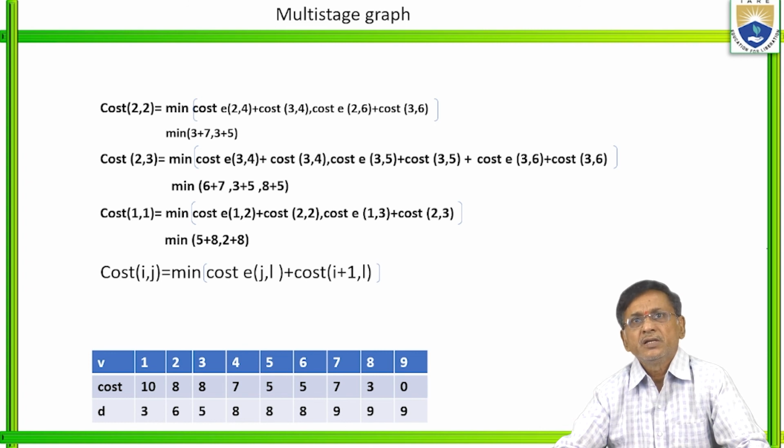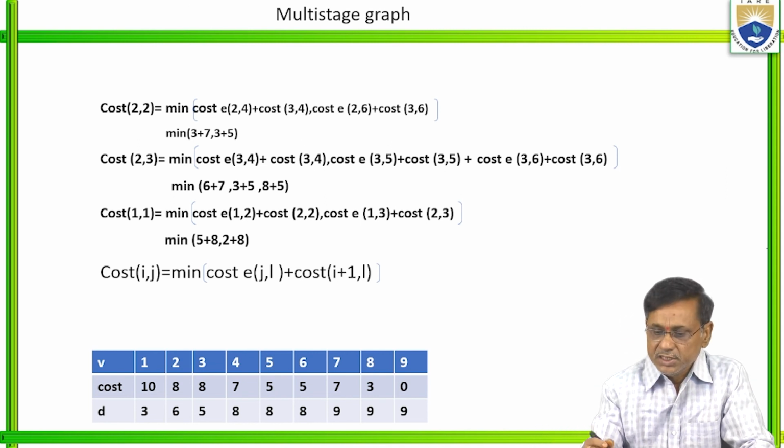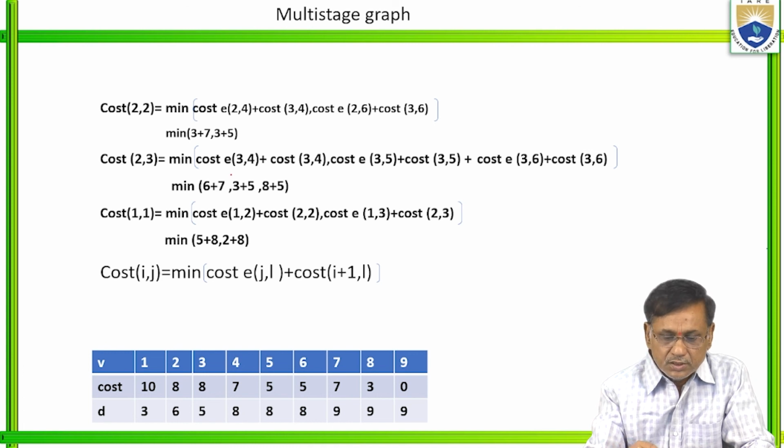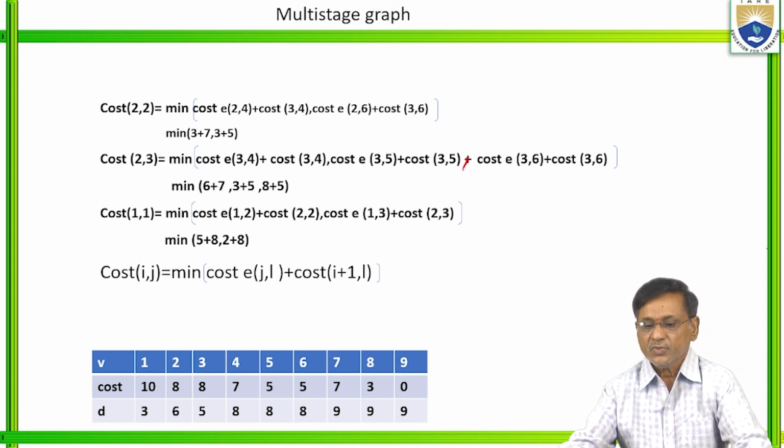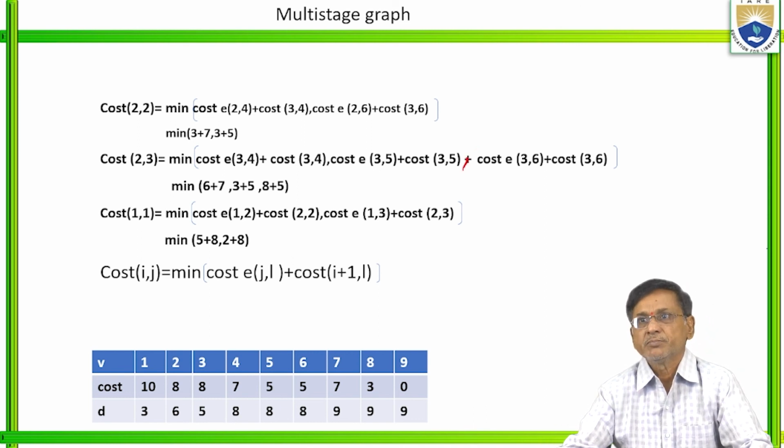Then 3. Cost of vertex 3 is equal to minimum of cost of an edge 3 to 4 plus cost of vertex 4, comma, cost of an edge 3 to 5 plus cost of vertex 5, comma, cost of an edge 3 to 6 plus cost of vertex 6 in the third stage.